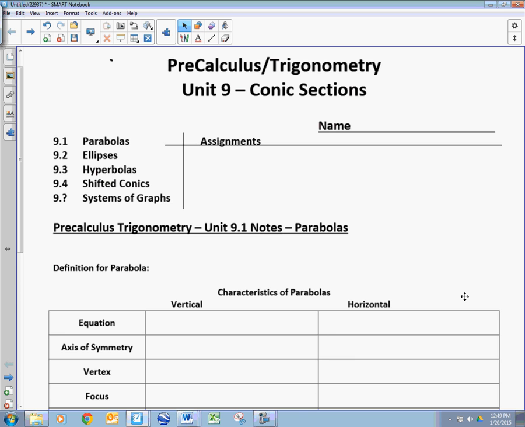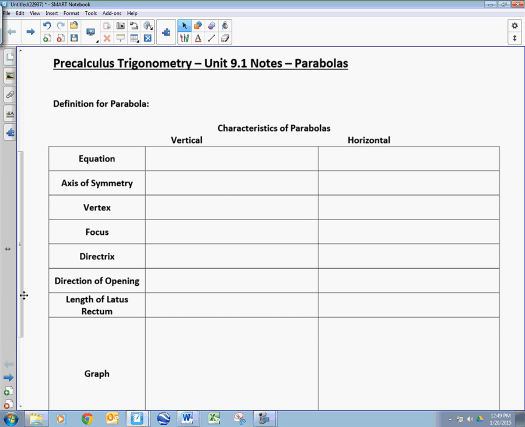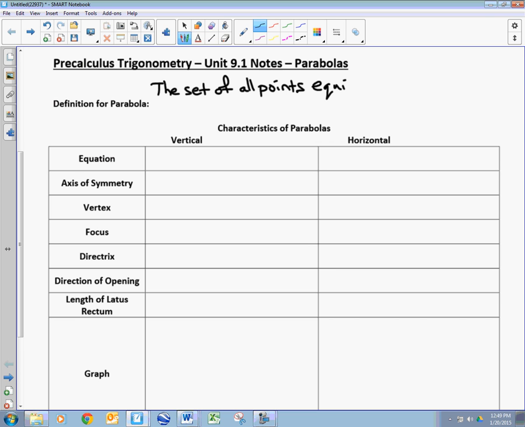Okay, so definition of a parabola: a set of all points equidistant from the vertex, or I'm sorry, the focus and the directrix.